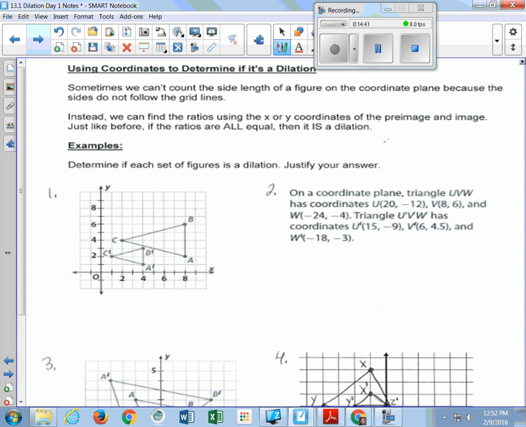Instead, we find the ratio using the x or y coordinates of the pre-image and image just like before. If the ratios are all equal, then it is a dilation. So what's it saying right here? It's saying sometimes these triangles aren't turned where you can measure the sides very easily. You count those squares to measure those. You can count it on this side.